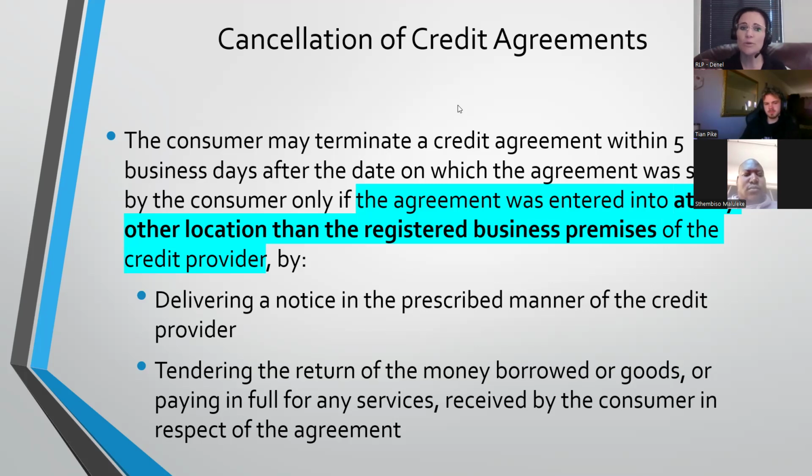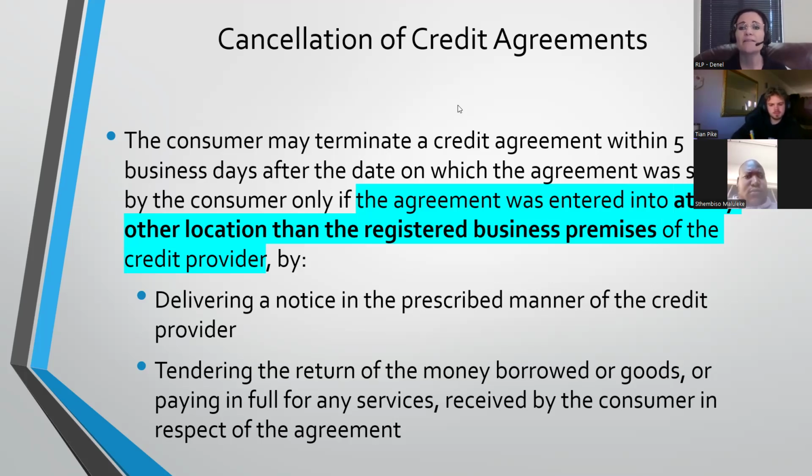Okay, so this is what happened. A consumer is allowed to terminate a credit agreement within 5 business days after the date on which the agreement was signed by the consumer, but only if the agreement was entered into at any other location than the registered business premises of the credit provider. Okay, so what happened?